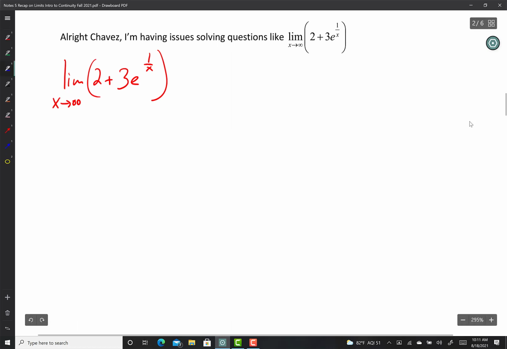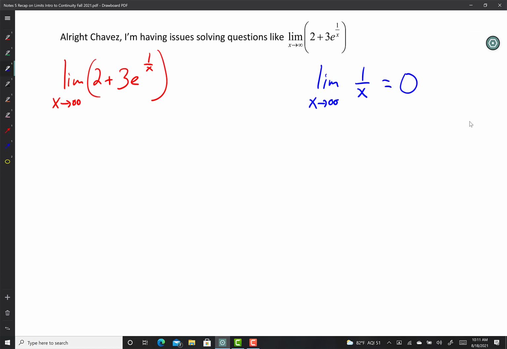On the side, I'm going to write limit as x approaches infinity of 1 over x. I'm just evaluating that exponent. 1 divided by a huge number is 0. Does everyone agree? Perfect.